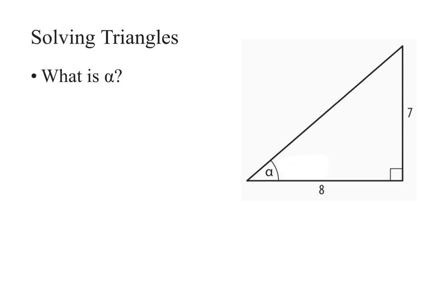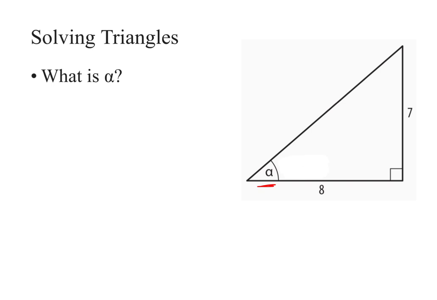So now they're asking us to solve for this angle. The last time we solved for an angle, we just did it by subtracting from 90. But you'll notice I don't have either of the two acute angles here. If I had one of them, I would have just subtracted. I don't have either, so I'm going to look at the two sides that I have. You're going to do the same process. I'm talking about this alpha angle here.